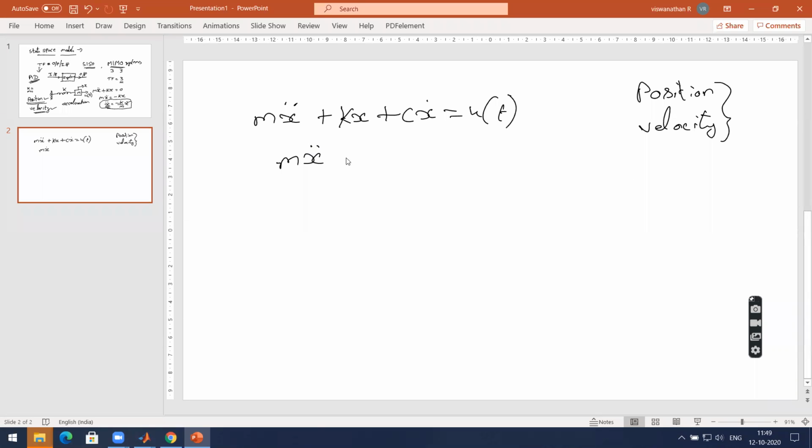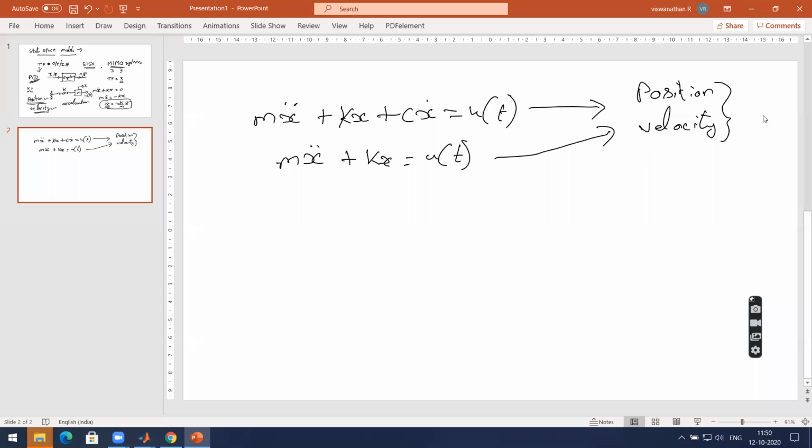No, sir. m x double dot plus k x is equal to u of t also had position and velocity as the variables, and this also has position and velocity as variables, because this also has velocity only. So this doesn't change the number of things that you need to know to define the system.